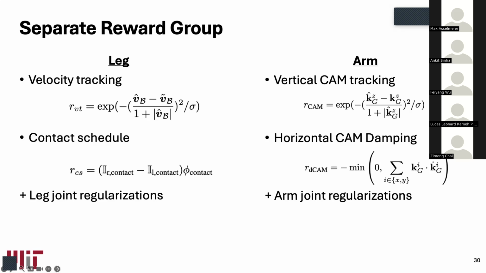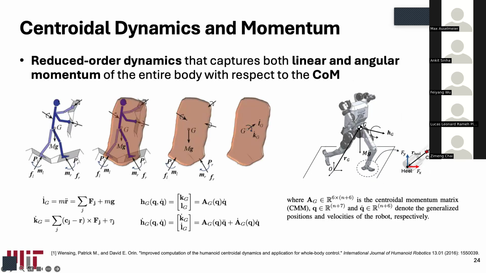Yes. So I guess my question is, when you derive this centroidal matrix, it's a matrix of the whole body state q, right? Yes. But I think now this K hat seems only from the arm. Is that right? The reference you're trying to track is from the arm. No, because this is the AG, AQ.